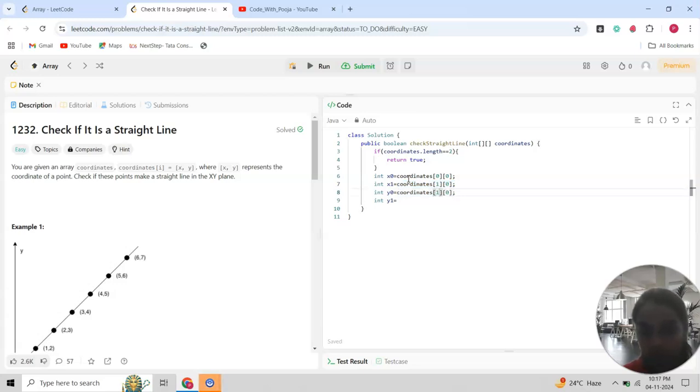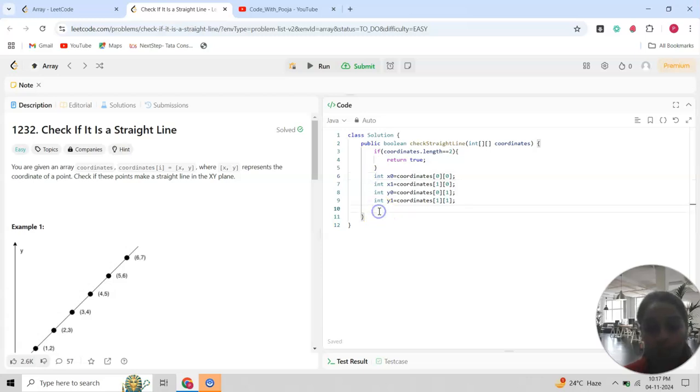Now y0, it means 0 and then 1, then again y1. Now these are the 4 points which I am fixing.